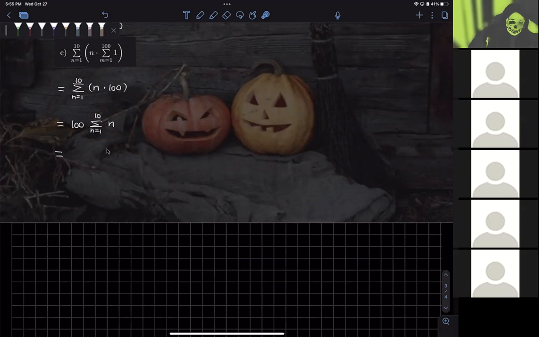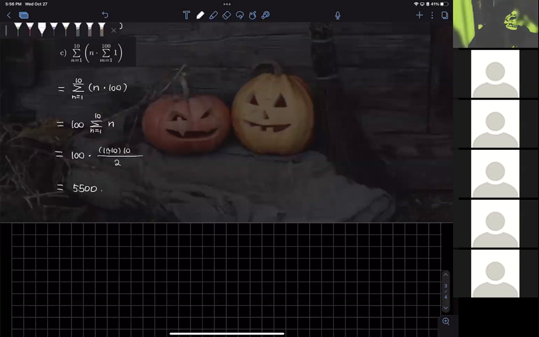It's 1 to 10. What is the formula for that? It's 1 plus 10 times 10 divided by 2. Okay? This equals to what? You need to know the formula, yes.